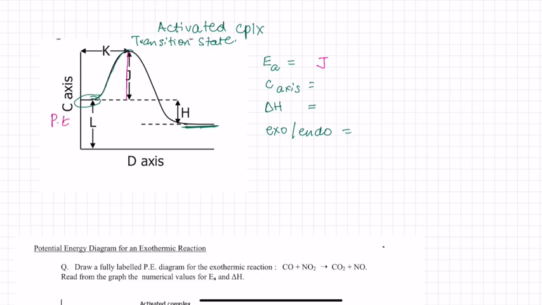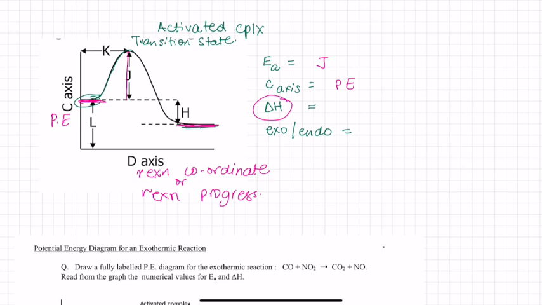What is the c-axis? Well, if you remember, the c-axis is potential energy and the d-axis is the reaction coordinate or reaction progress. So C is potential energy. The change in enthalpy is the difference in the energy between the reactants and the products, which on this graph is just H. Now looking at the graph, can you say, is this endothermic or exothermic?